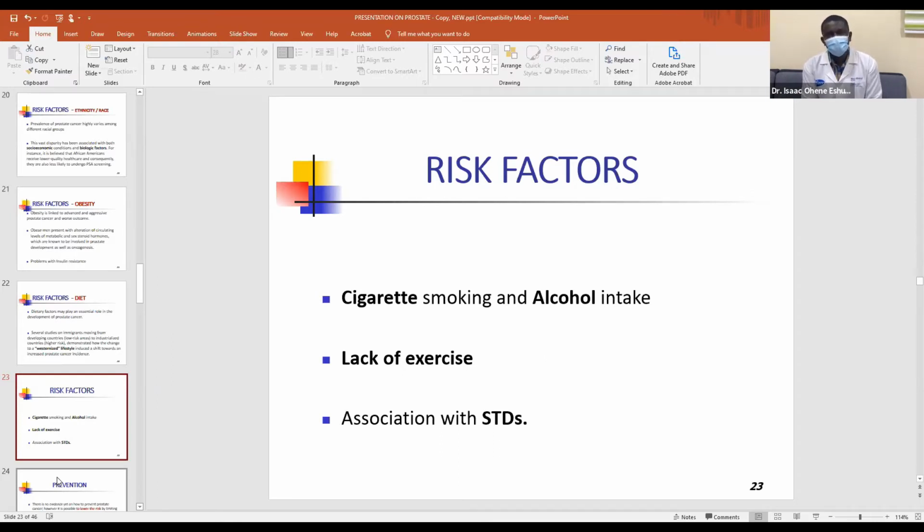Then the other risk factor is people who have recurrent STDs. We said the prostate organ can also have infections. So as you get a lot of STDs, be it gonorrhea, syphilis, or whatever kind, you are exposing the prostate to repeated infections, and this can induce some carcinogenic changes in the future.